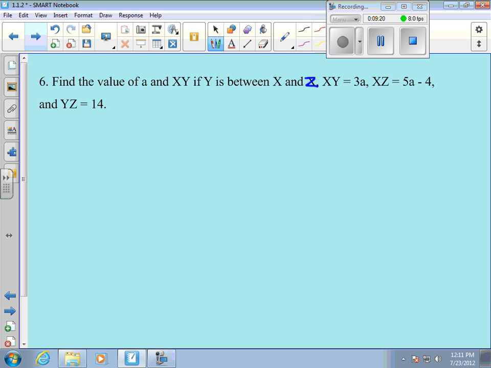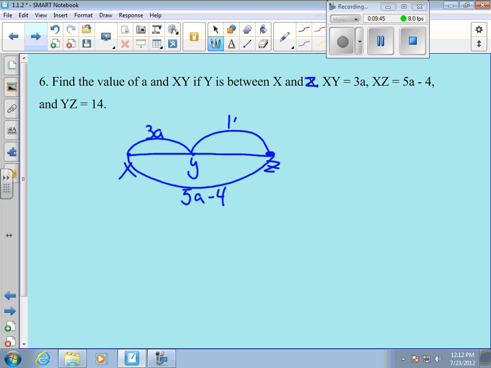All right, so if Y is between X and Z, let's go ahead and draw this picture. So we have X at one end, we have Z at the other, Y is somewhere in between. All right, XY is equal to 3a, and XZ, that's our entire segment, is 5a minus 4. And then it tells us that YZ is equal to 14. All right, so we're looking for two things here.